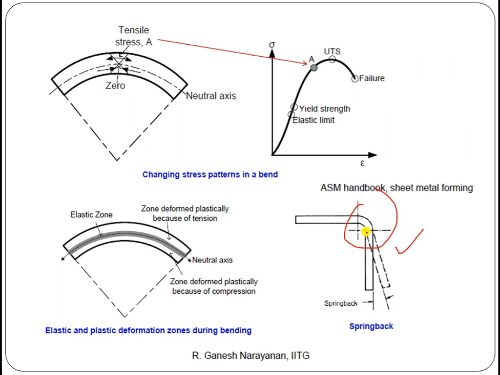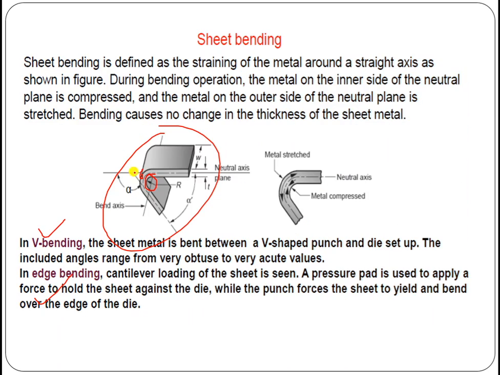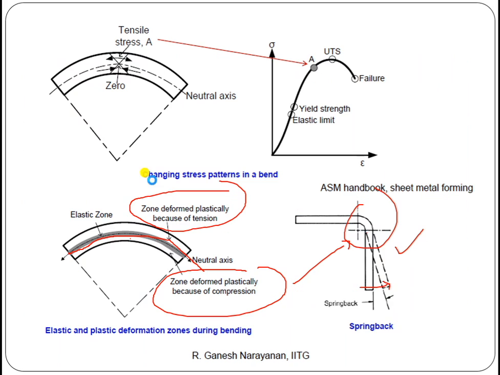Whenever the force acts here, it comes here and again tries to go back to its original state. This is the elastic zone along the neutral axis. Here is the zone deformed plastically because of compression, and here the zone deformed plastically because of tension. This is in tension and this is in compression.